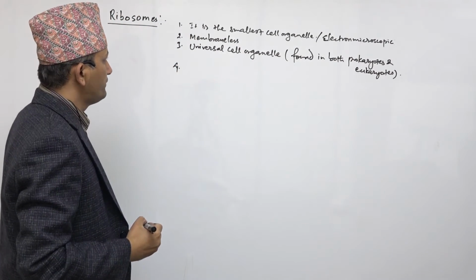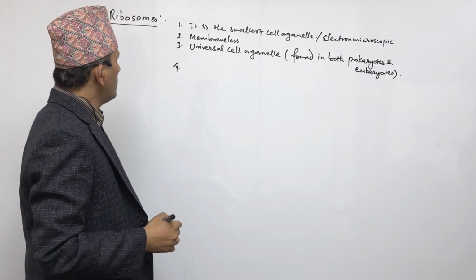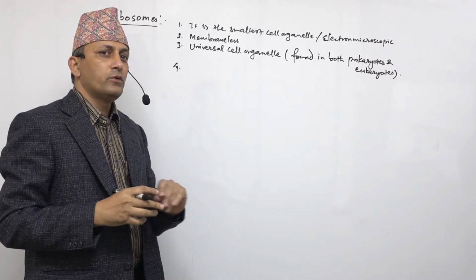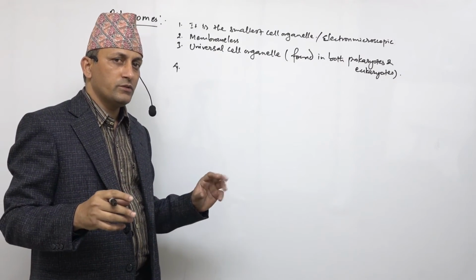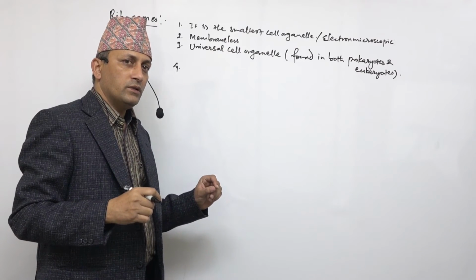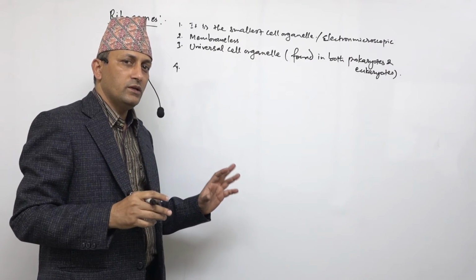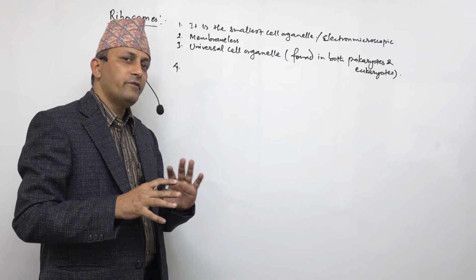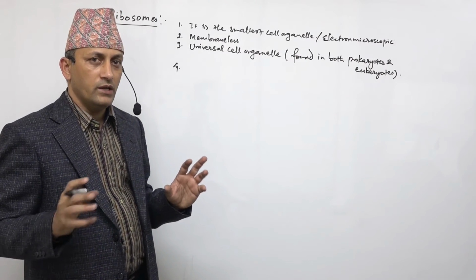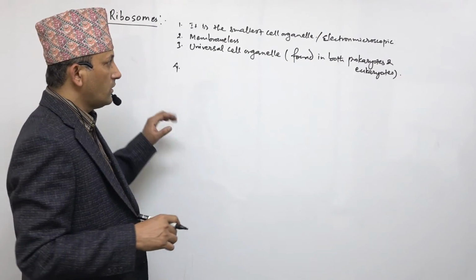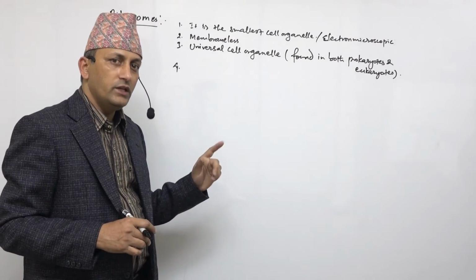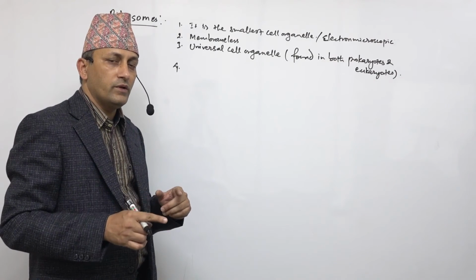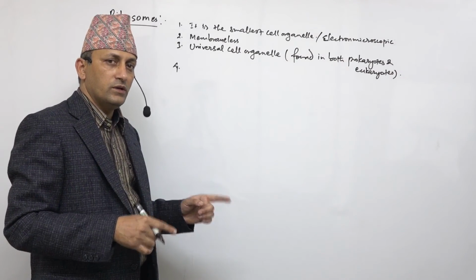So ribosome is the structure which floats freely in the cytoplasm. This is also very important to notice: where is ribosome found inside the cell? It is found in the cytoplasm in a free-floating condition, but also found within cell organelles. That's why this ribosome is also called organelle within organelles. Why? Because it is not found only in the cytoplasm, but also inside the cell organelles.